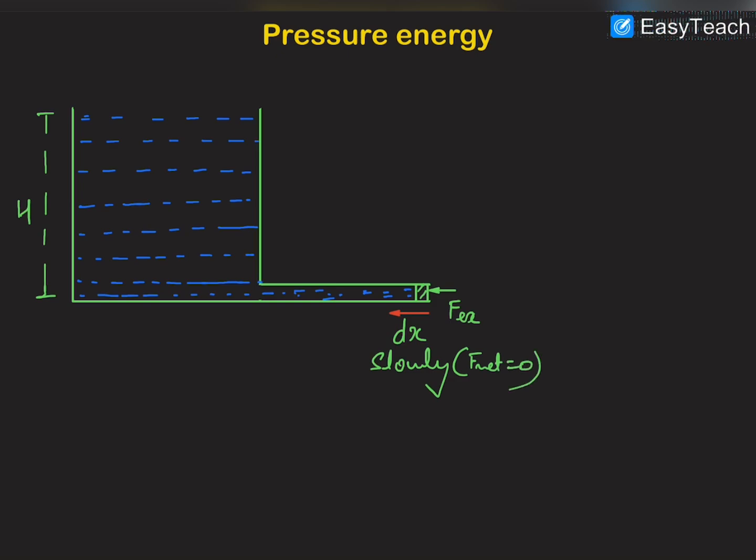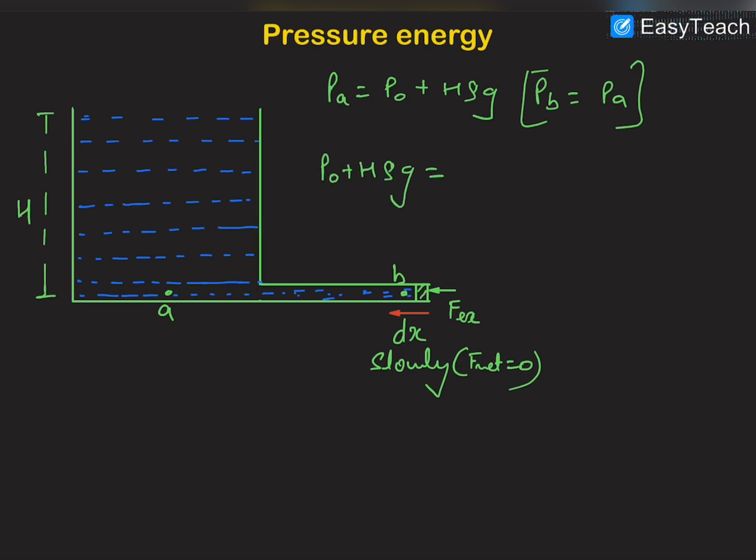Now let us suppose that we have displaced the piston by a distance of dx inside the container, and obviously the pressure at this point, let's suppose it is A and let's suppose it is B. So pressure at A will be equal to P naught plus h rho g, and pressure at B will be equal to pressure at A because they are at the same level, so pressure at B will be equal to P naught plus h rho g, and this will be equal to the external pressure, which is F external upon area of the piston, plus P naught.